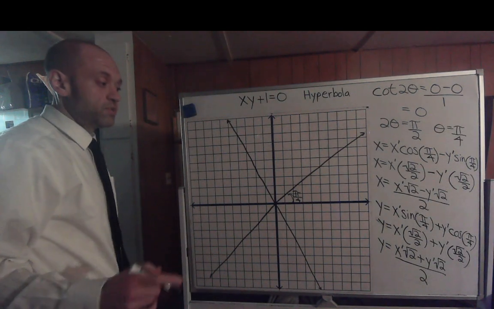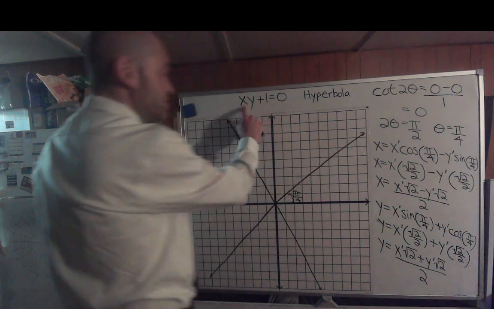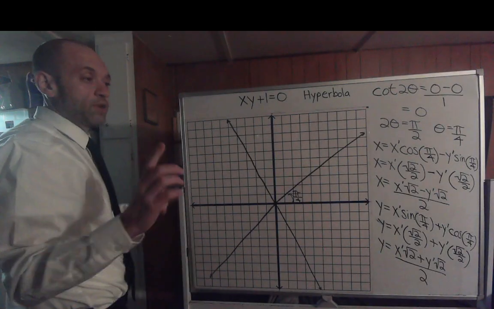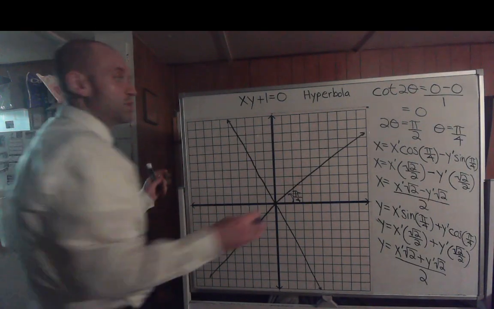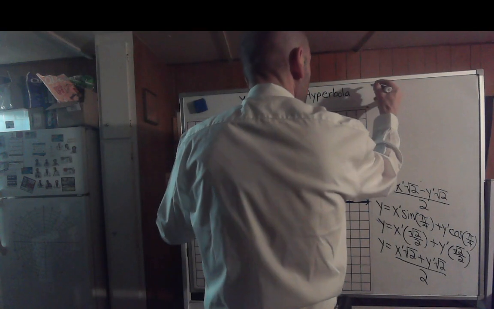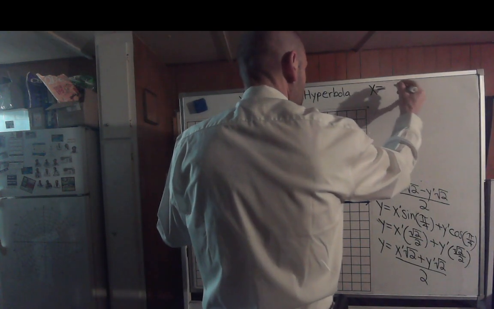All that's left to do now is take these and substitute them into the original equation. So allow me to erase a little bit because I want to make some room, so please forgive me for that. So let me go ahead here and bring some of these up. You know what?